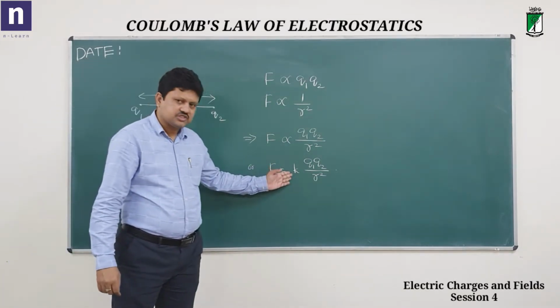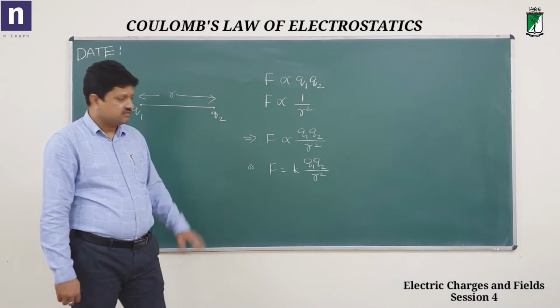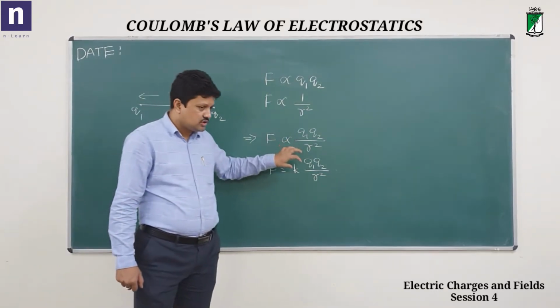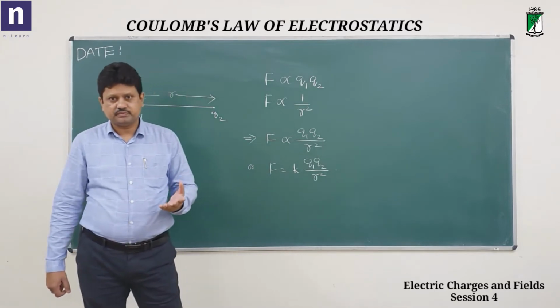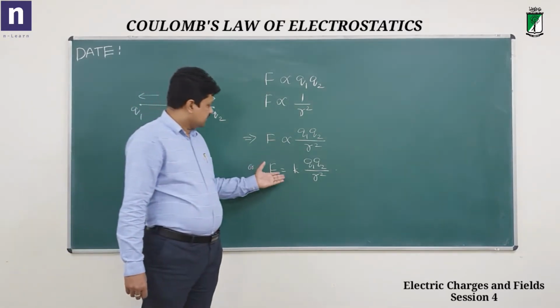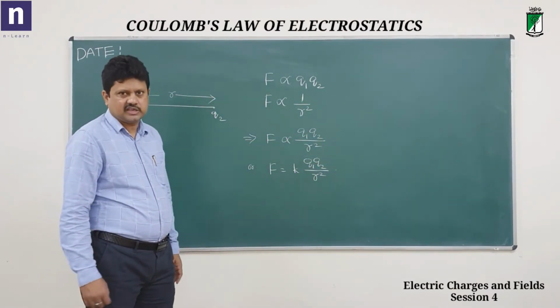So there is a constant of proportionality here. It was the beginning of measuring the force between the two charges, so this constant could be given any value. It was a choice at that point of time, whereas keeping in mind the convenience, some value was given to this K.